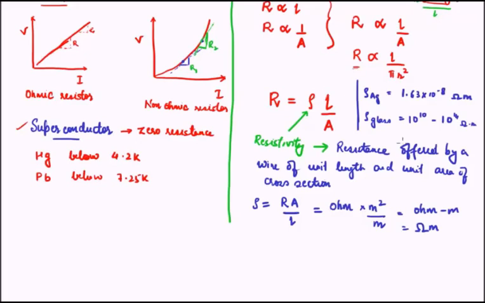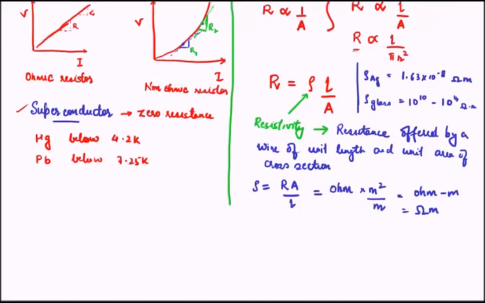With this introduction, let's see what are the factors on which resistivity depends. One is the material. Obviously, as we have seen, depending on the material, the resistivity will vary. And it can be 20 orders of magnitude different depending on what material it is. Minus 8, 14, so different.